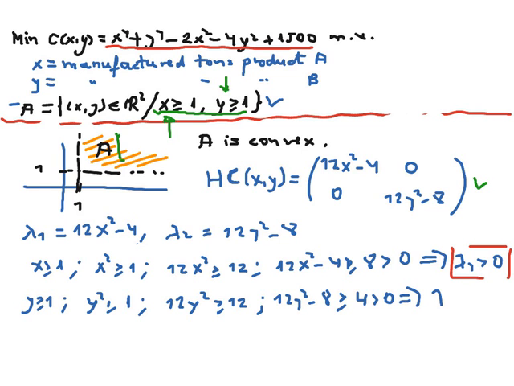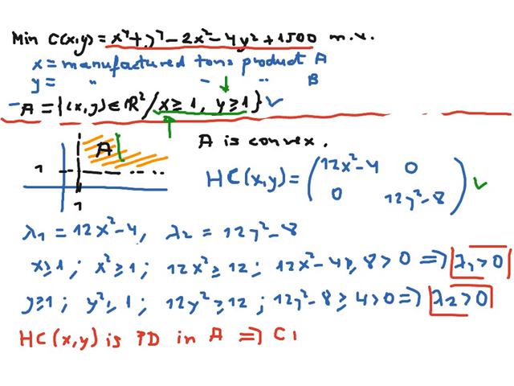So the second eigenvalue is also positive. Then the matrix evaluated at any point is positive definite, not in R2, but it is in A, and C is convex in A.